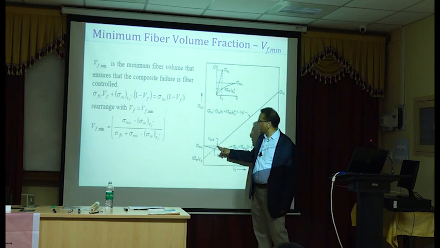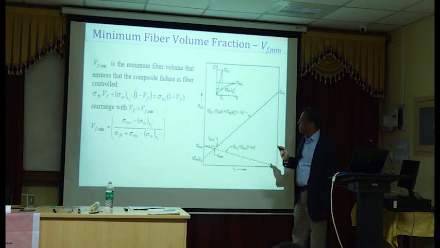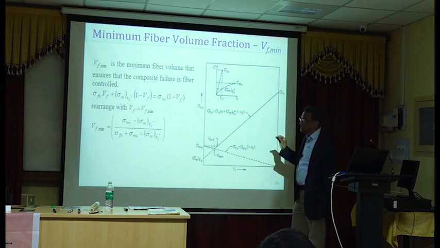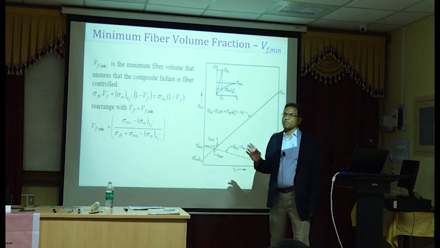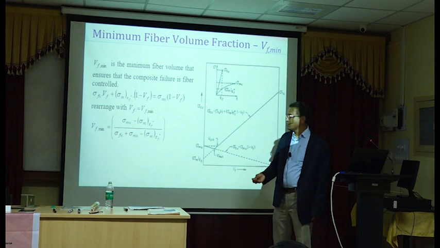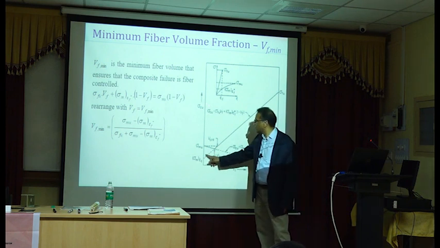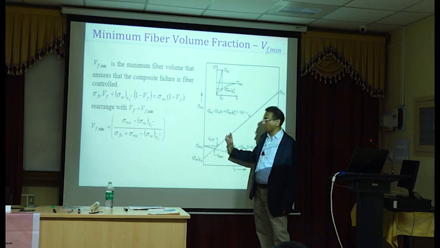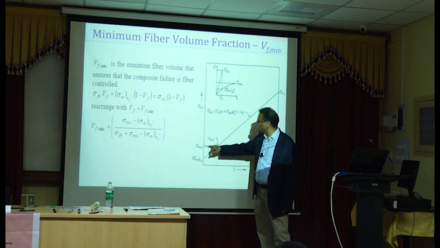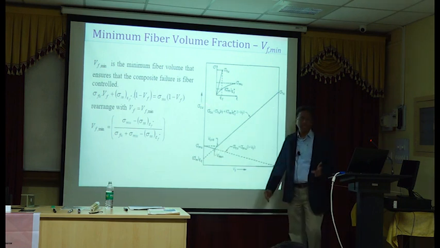V critical is the minimum amount of fiber volume fraction beyond which any addition of fiber will give you actual benefit. Below this, no matter how much fiber you add, it will not really help. Only once we cross sigma mu can you gain with the addition of fiber.